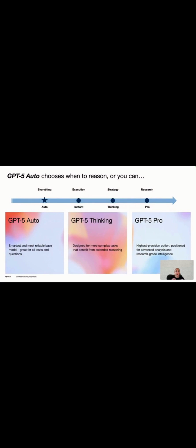Now, this used to be a much bigger challenge for end users, but thanks to GPT-5, you actually won't need to worry about switching models in a lot of scenarios. So GPT-5 is our smartest model yet, and if you just leave it on the auto mode, it can actually decide how long it needs to think for your prompt in particular. So for example, if you ask it to help you draft an email response, it will likely just start answering.